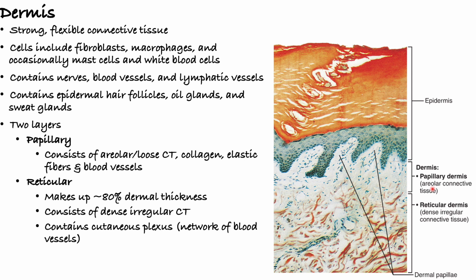White blood cells help with our immune system, help fight infection. And the diagram I showed you earlier contains a lot of nerves, blood vessels, lymphatic vessels. We're going to be talking about lymphatic vessels in the future. It has hair follicles, oil glands, and sweat glands, which I talked about.